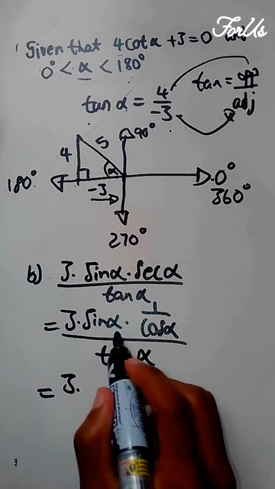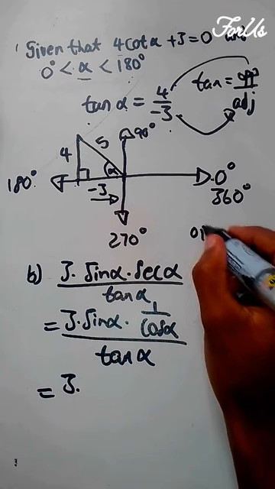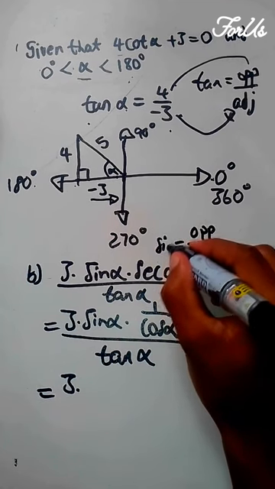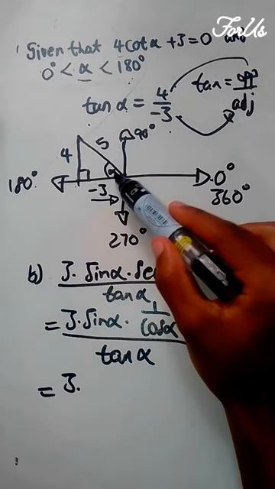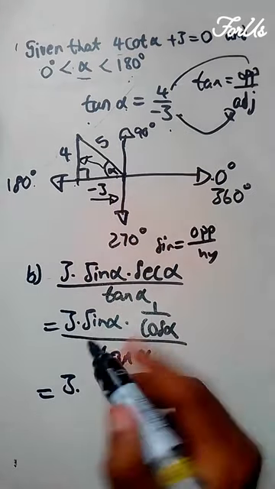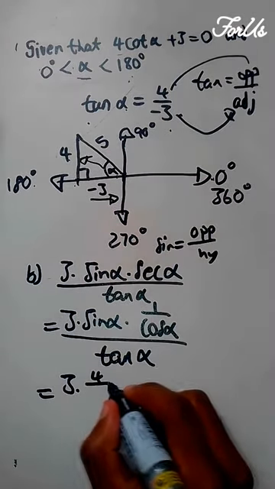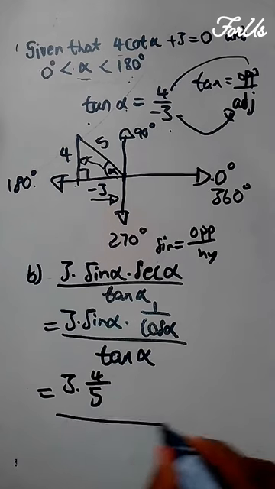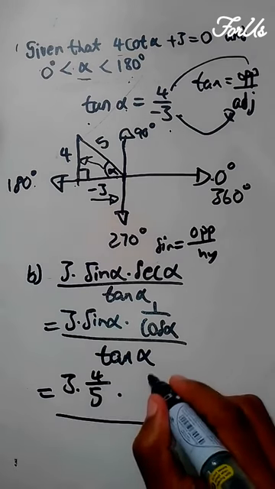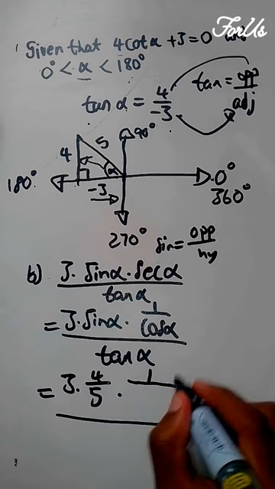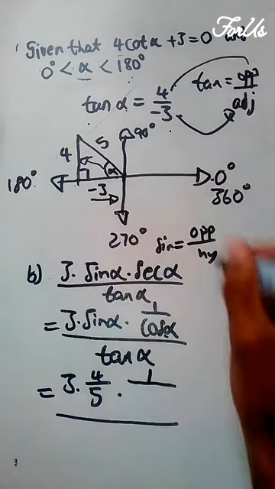First, we have sine theta. Sine is opposite divided by hypotenuse. On this triangle, opposite is this side, 4, divided by hypotenuse, which is 5. 5 multiplied by 1 divided by cos theta.